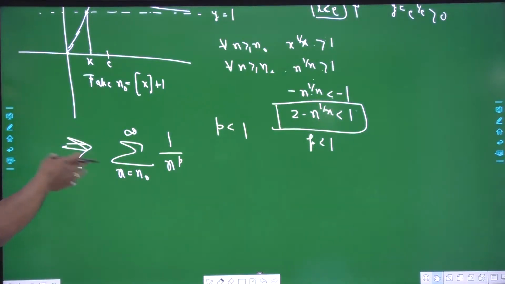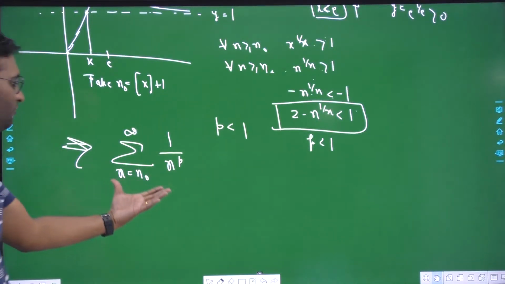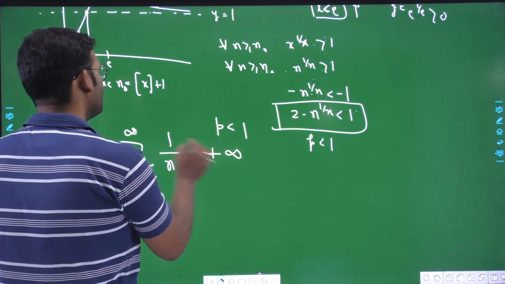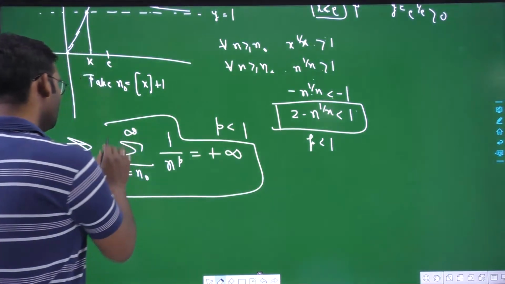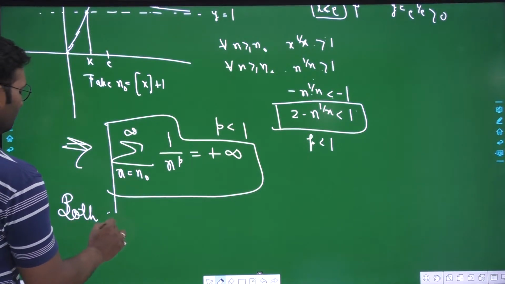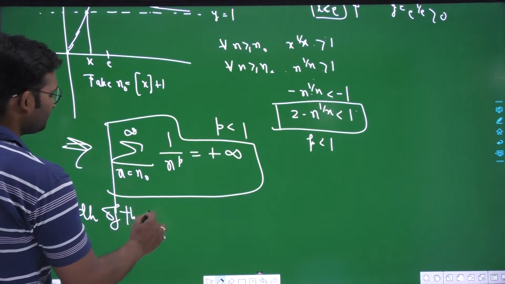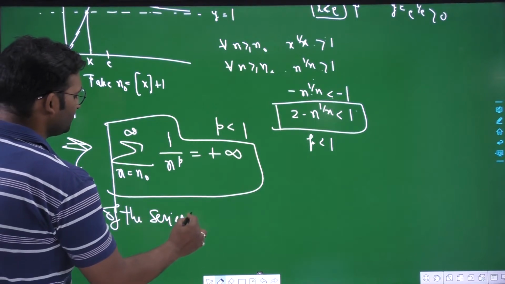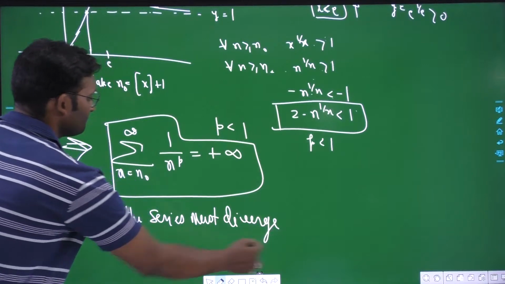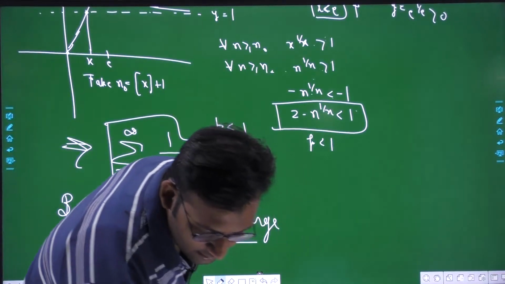So some finite terms can be removed from the series, and after omission of some finite terms, we find this series diverging towards plus infinity. Therefore, the answer should be that both of these series must diverge. I believe this can be done.